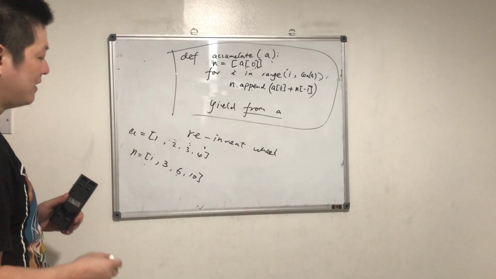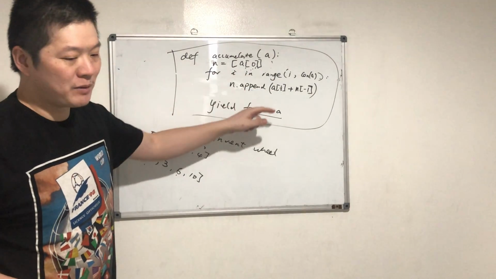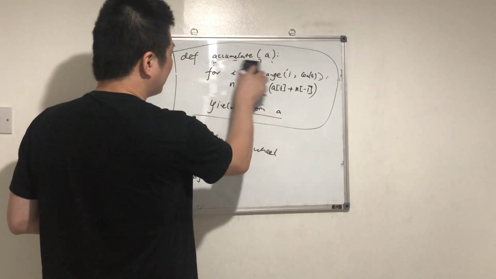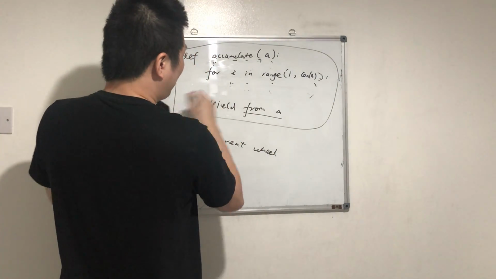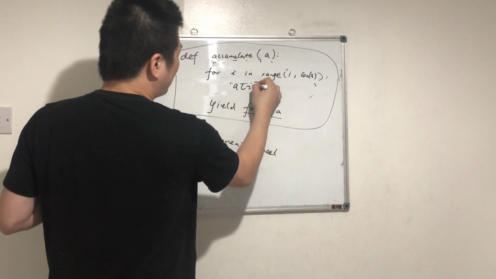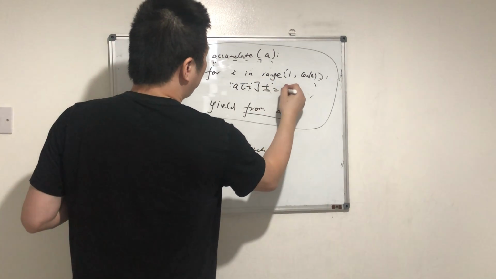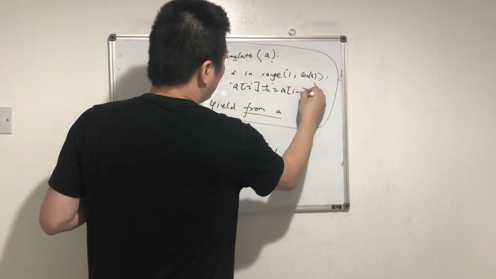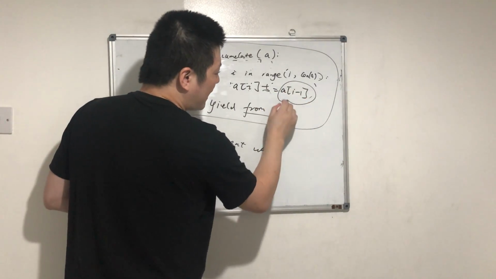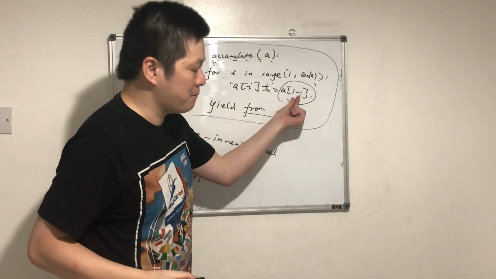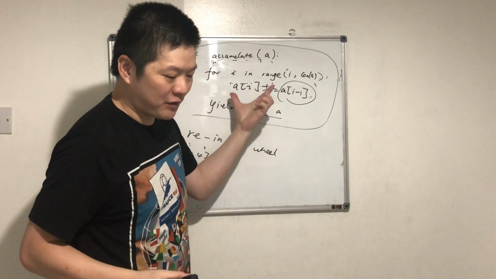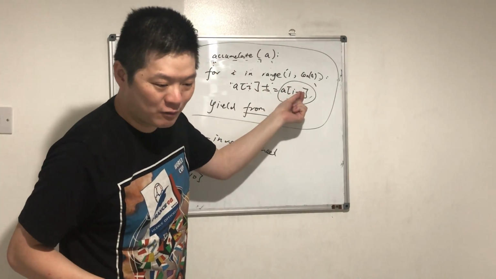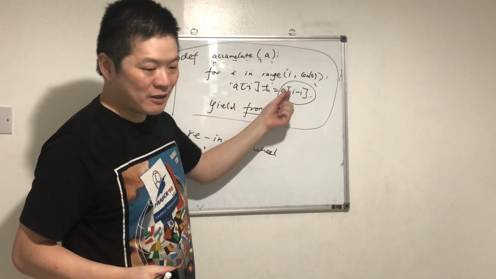Does it make sense? This is making a copy, but as I said, we don't need to. We can directly modify: A[i] plus equals A[i] minus 1. Got it? When you add A[i] minus 1, it's already the sum of the previous i minus 1 items, so we can reuse this.